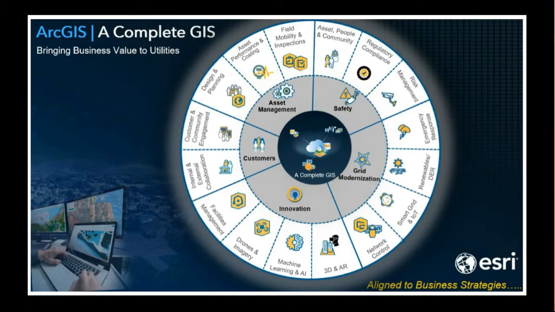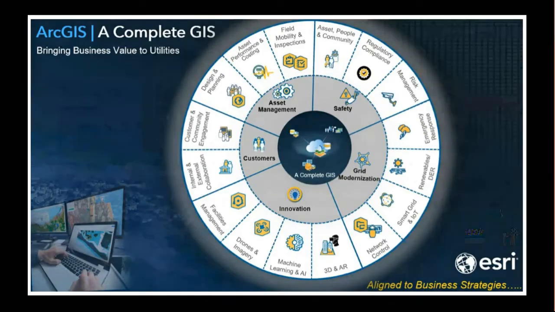So risk management, asset management, network control, machine guidance, drones, imagery, aerial, design and planning, field mobilization, and inspections. And as you can see, the gamut of different things in order to have this ideal of a complete GIS.